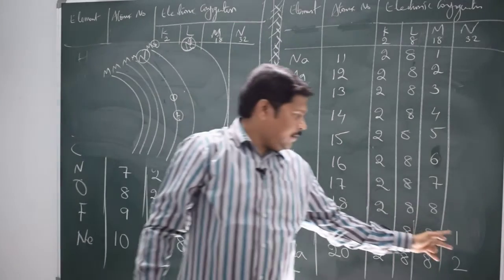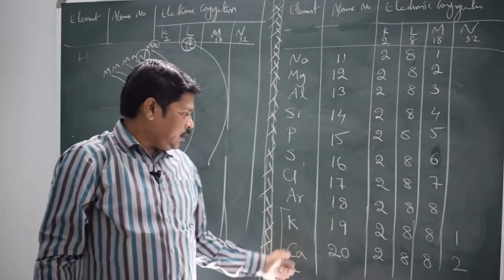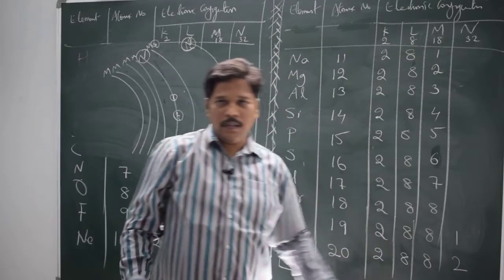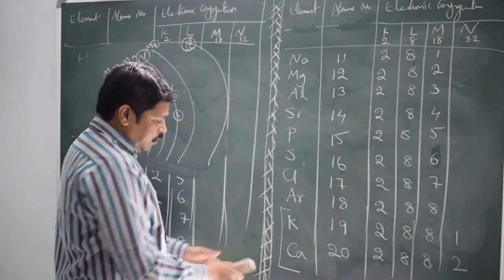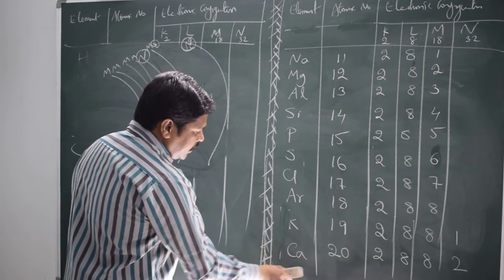Right now we have 1 electron for potassium, another electron for calcium. Once these 2 electrons are filled, I'll write one more element so that you will understand.